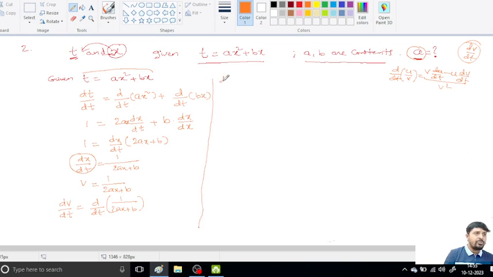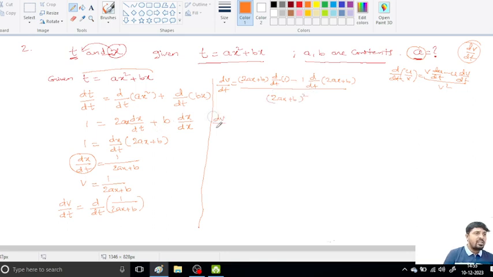Now what is it going to become? dv by dt is equal to 2ax plus b into d by dt of 1, minus 1 into d by dt of 2ax plus b, over 2ax plus b whole square.